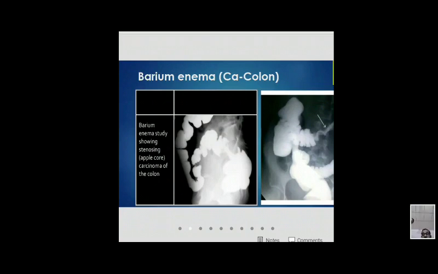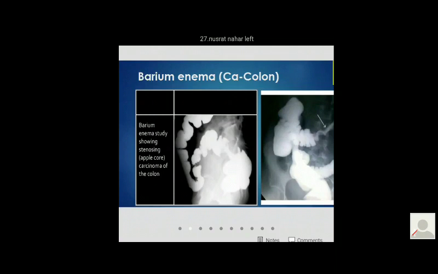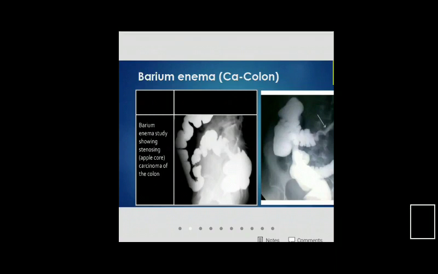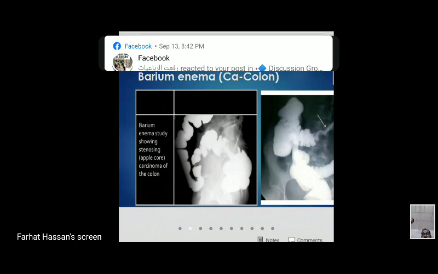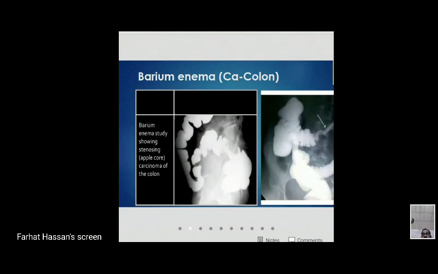It may present with features of metastasis like bone pain, jaundice, hemoptysis, cough, chest pain, or features of advanced malignancy like anemia, anorexia, and weight loss. So the most important feature of right-sided colon is unexplained anemia with right iliac fossa mass.